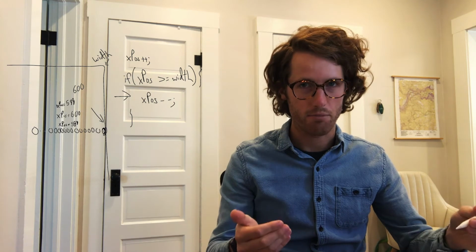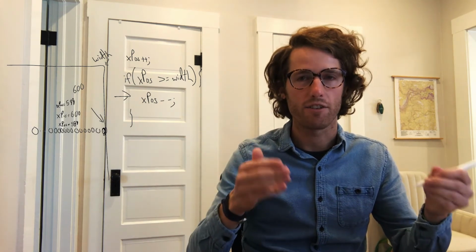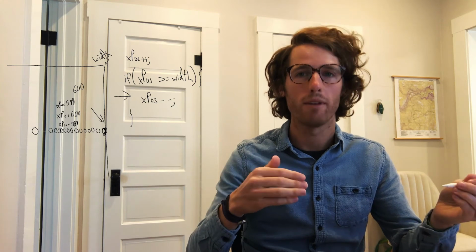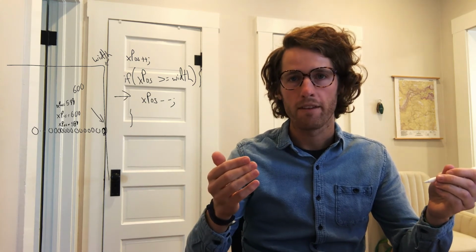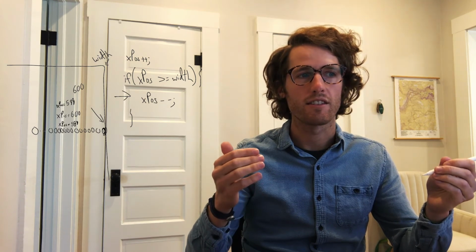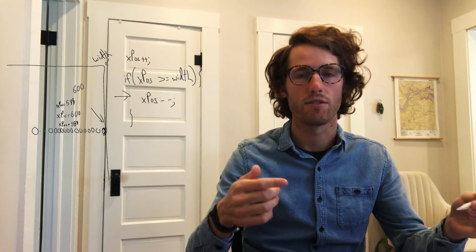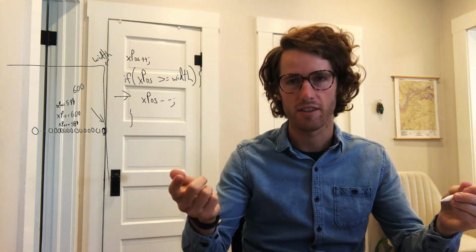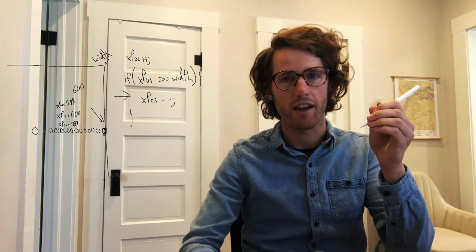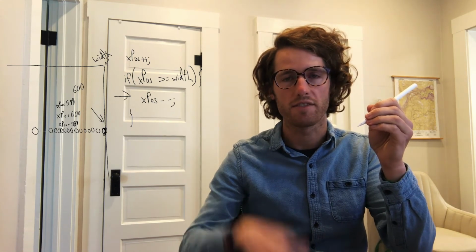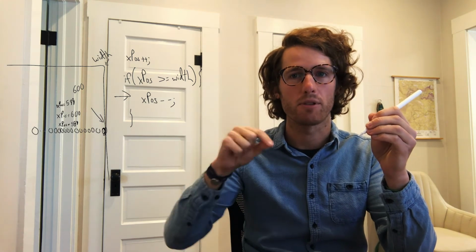But here's the problem. Now x position is back to 599, which means it's less than the width, and we know that if it's less than the width, we go back to xPos plus plus. Because our if statement is no longer true, we go back to just doing xPos plus plus.